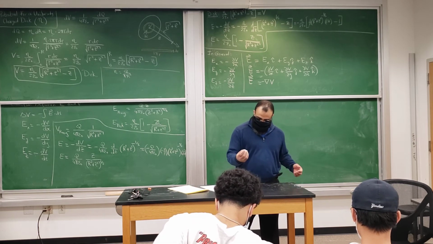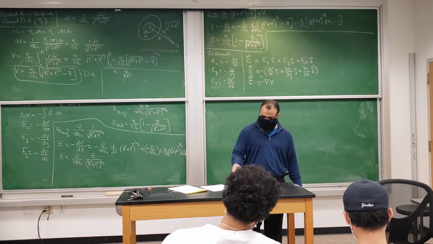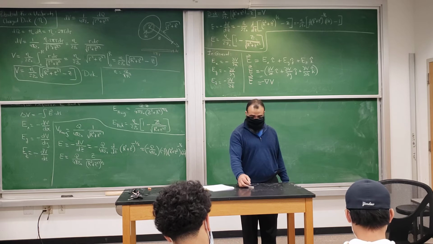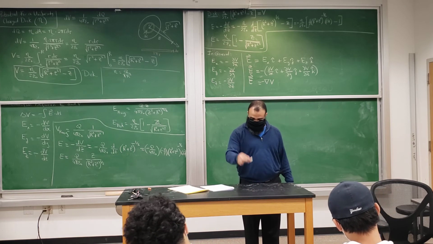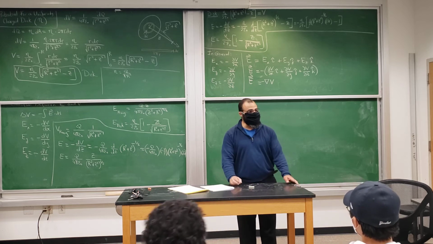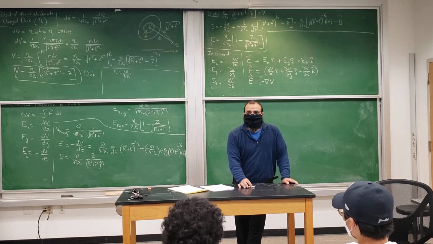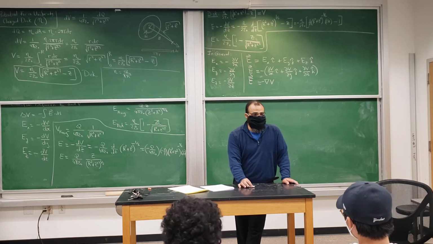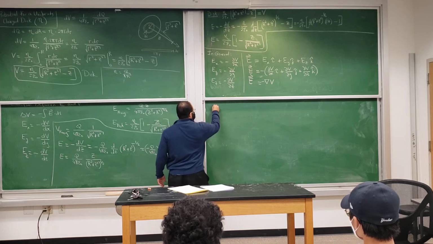So let's say here's a piece of chalk. I'm talking about gravitational potential energy now. Let's say I take this piece of chalk, drive it around, and then come back. When I come back to this same point, what's the change in potential energy? Zero.